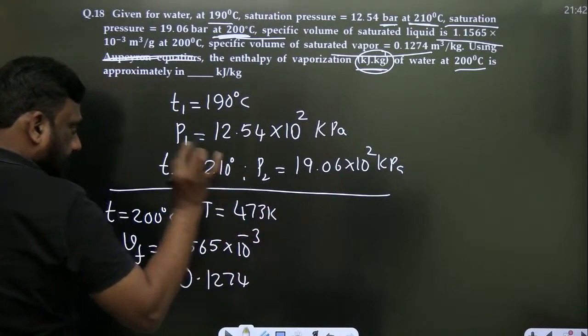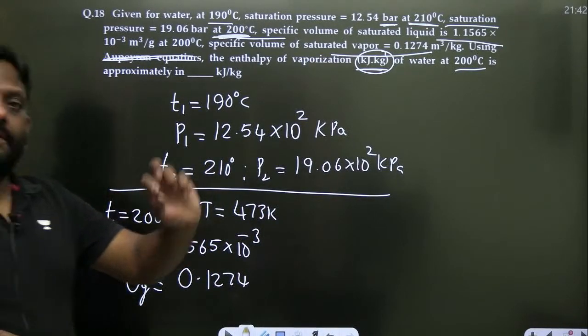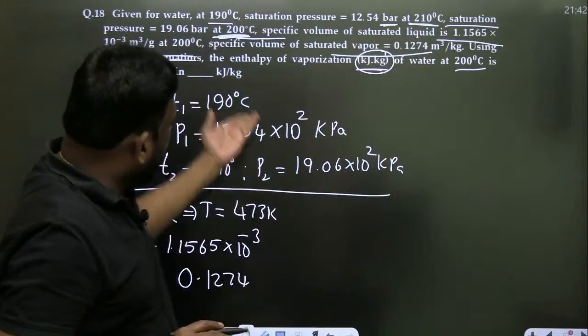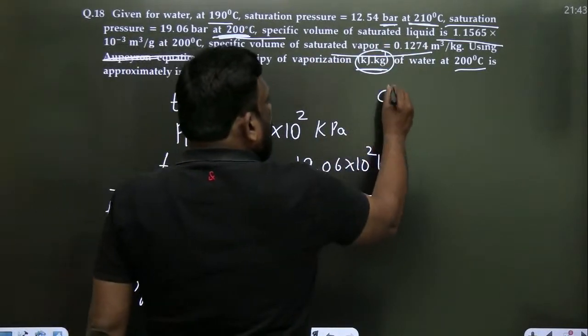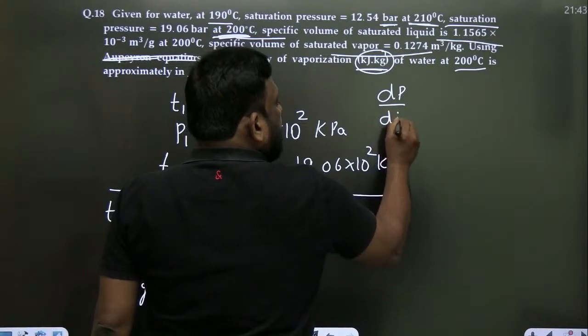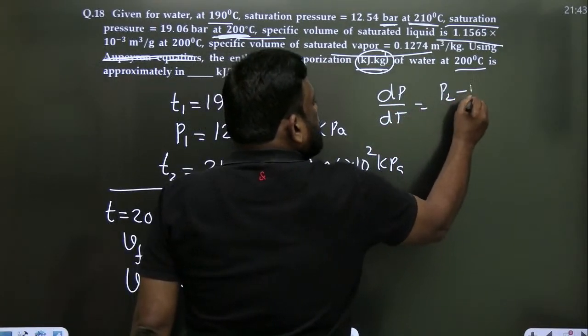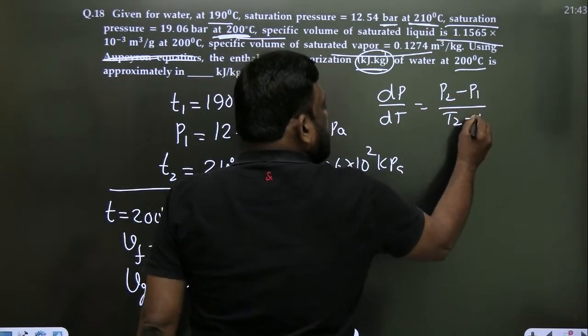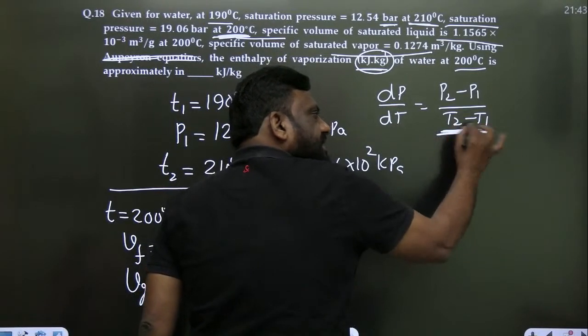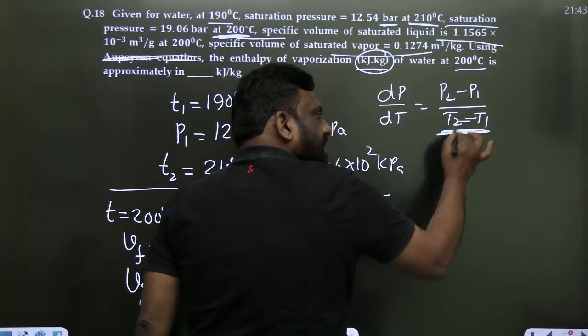Yes sir. Now see, in the previous question dP by dT was given, so in this one we will calculate dP by dT. What is dP by dT, sir? Anyone? It is P2 minus P1 by T2 minus T1. Whenever it is a difference in temperature, it doesn't matter whether it is in Kelvin or degree centigrade.